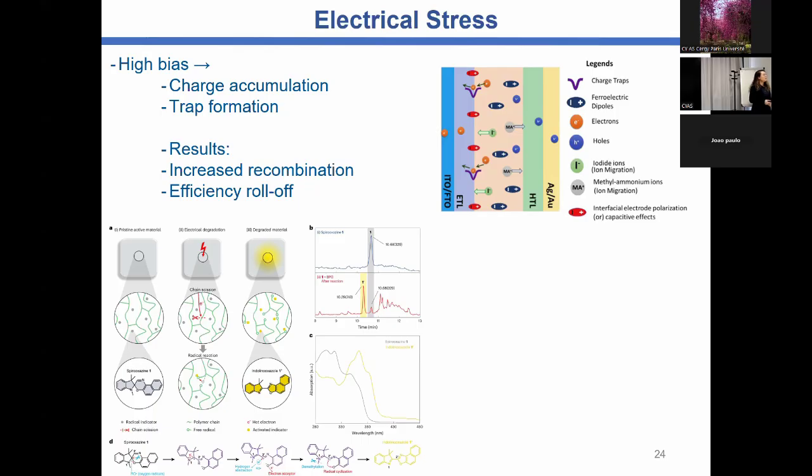This increase in traps or charge accumulation can increase the recombination. And also in terms of organics, for instance, if you have a pristine material here, and also one degraded material, you can break this chain, not just with electrical degradation, but also with light degradation. So there is some radical reaction that could increase the degradation even more.